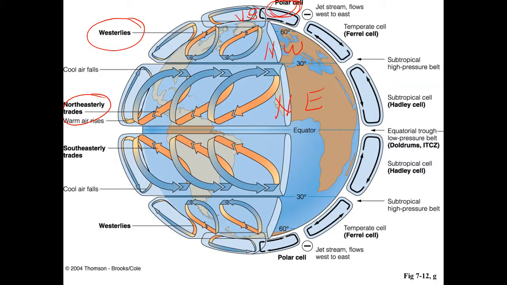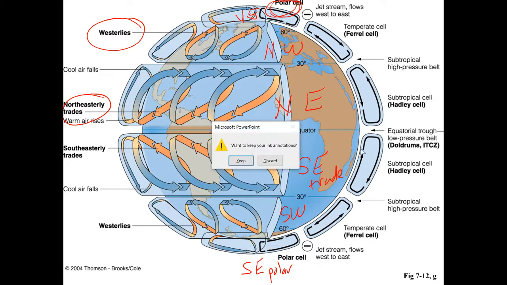Okay, if these are mirror images of each other, then of course this is a south, southeasterly, southwesterly, southeasterly, but this is a polar easterly, this is a trade easterly, and a southwesterly. So now we've gone 3 winds north of the equator, 3 wind patterns, and 3 wind patterns south of the equator.